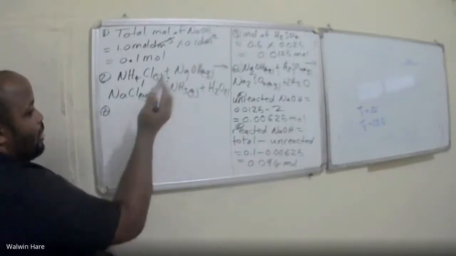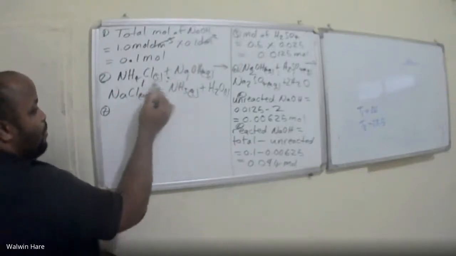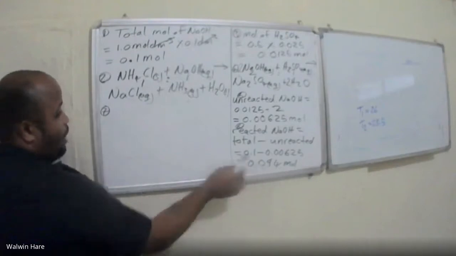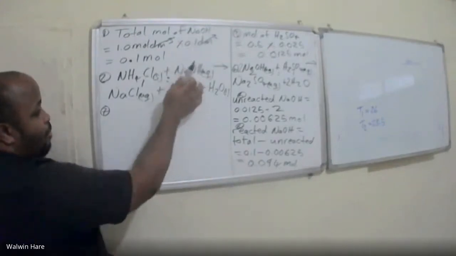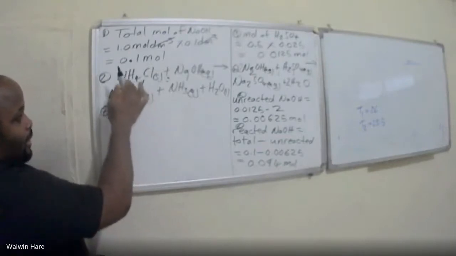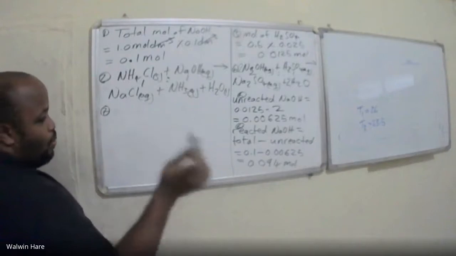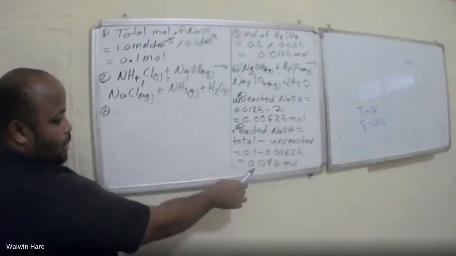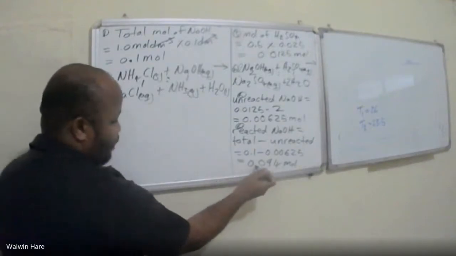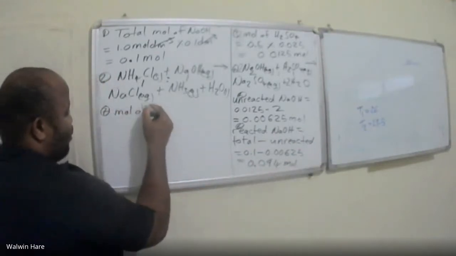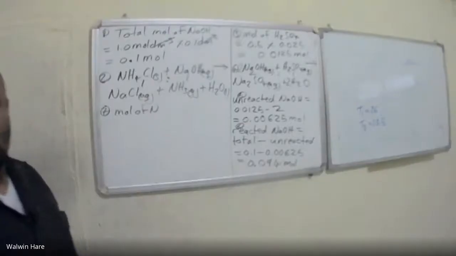Because the mole ratio is 1 to 1, the same amount of moles of sodium hydroxide that reacted will be the same amount of moles for ammonium chloride. And we know that the moles was 0.094.